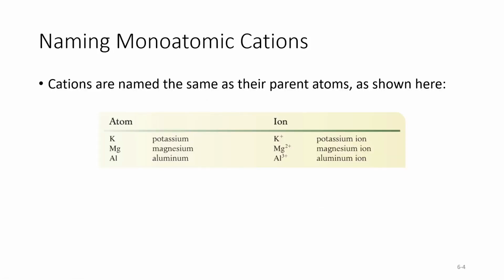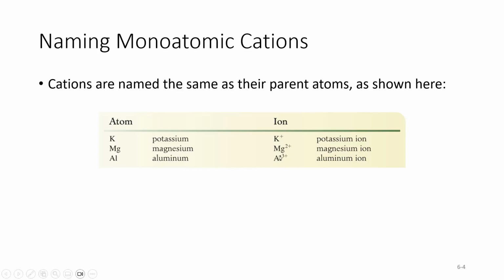When we want to name monoatomic cations, now cations are going to have a positive charge when they are in their ionic state. Most of the metals, or all the metals on the periodic table of elements, have the ability to form cations. So they're going to be positively charged in their ionic state.